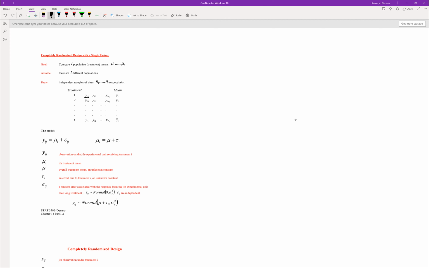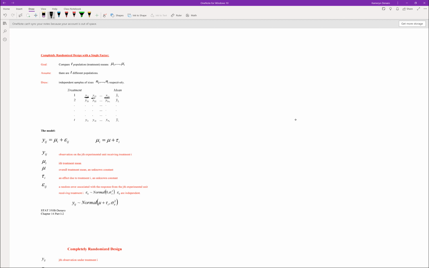Y11, that's the first person in the first treatment. Y12 is treatment 1 and the second person, all the way up to Y1N1, which is the N1-th person taking treatment 1.